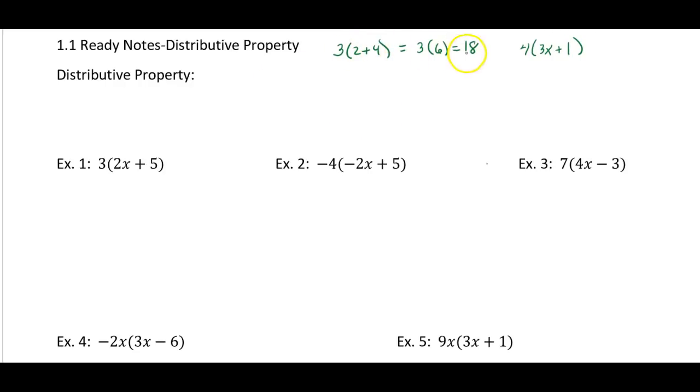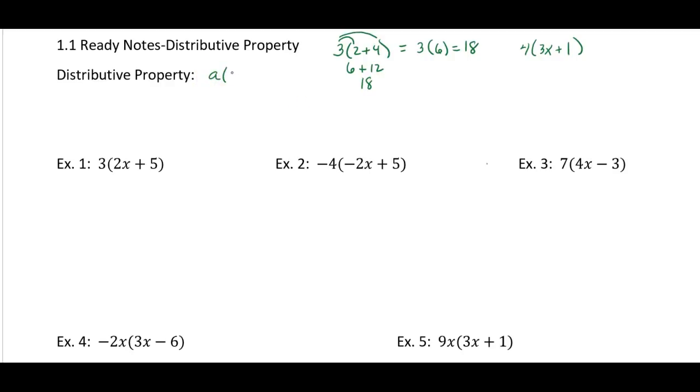Well, if you look here, can I get the same answer doing something different? Well, 3 times 2 is 6. If I do plus 3 times 4 is 12. 6 plus 12 is 18. What we used here is the distributive property.